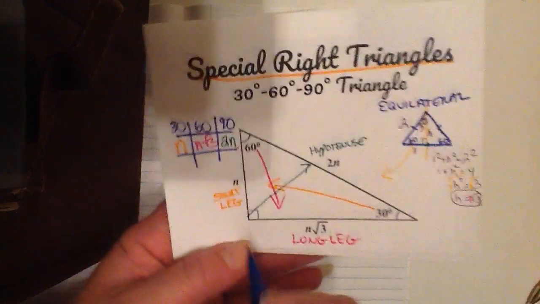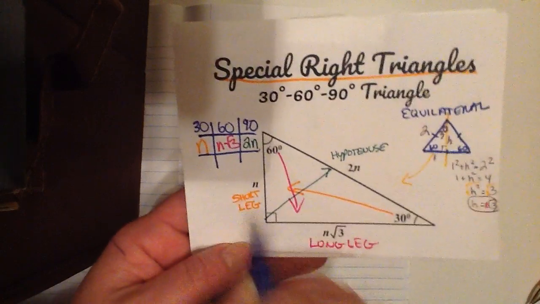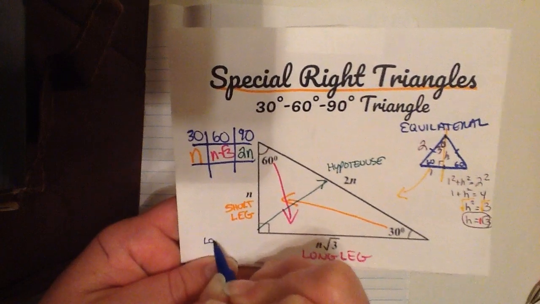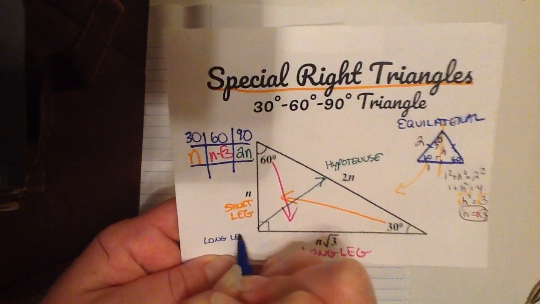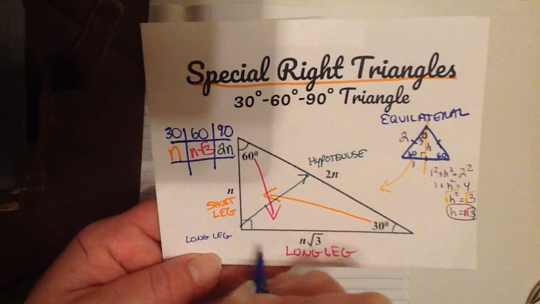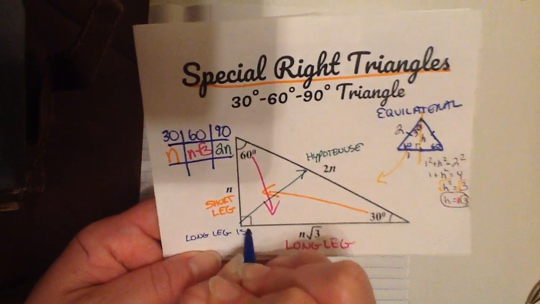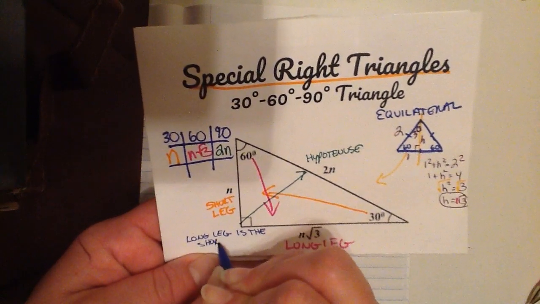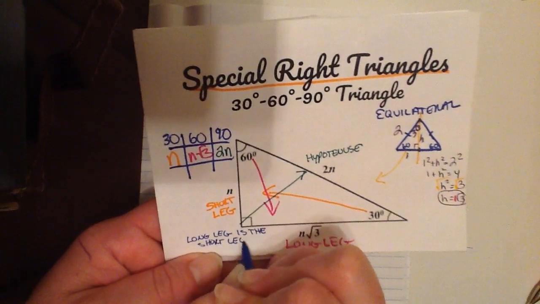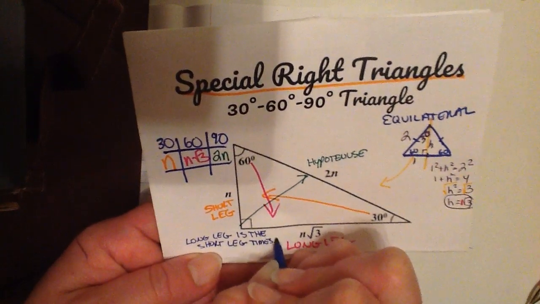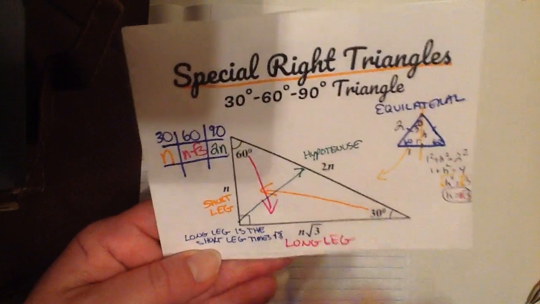In reference to our short leg, our long leg is the short leg times the square root of 3.